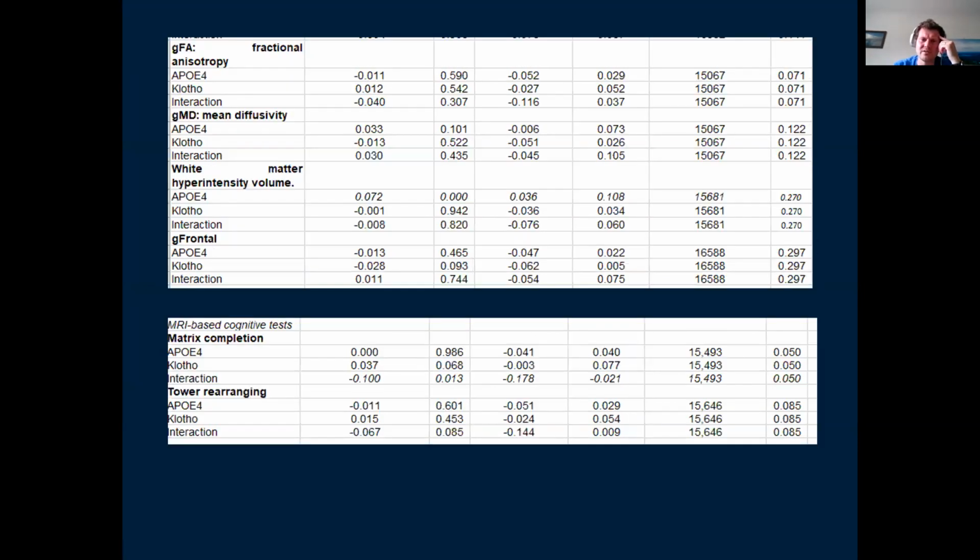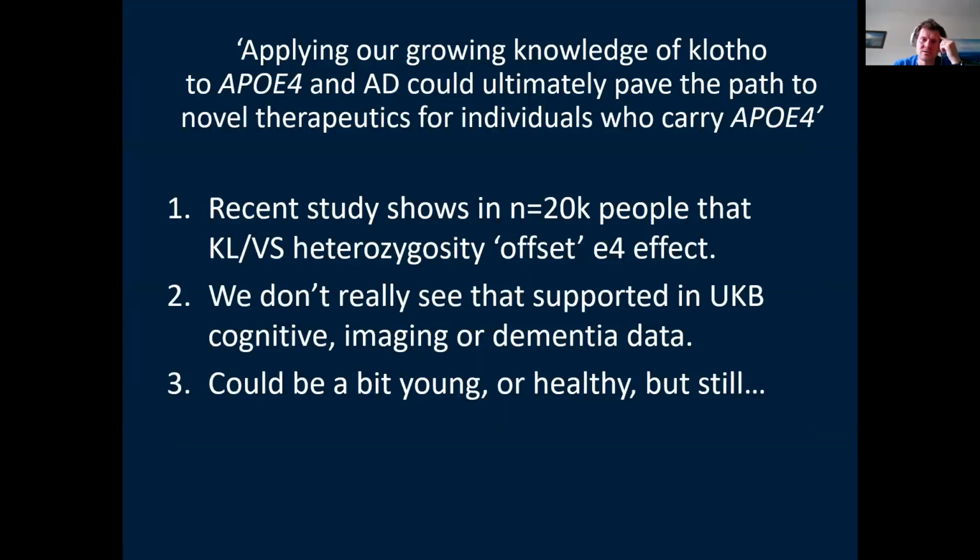But really, we found that there was no evidence that Klotho specifically associated with any of these phenotypes, or that there was any interaction whatsoever. So that was disappointing. A recent study showed, in 20,000 people, that this Klotho heterozygosity offset the ApoE4 effect in terms of Alzheimer's disease. We don't really see that supported in the UK Biobank cognitive, imaging or dementia data.